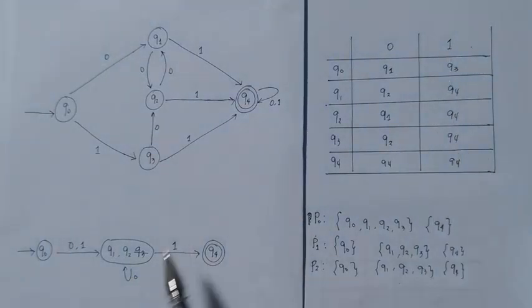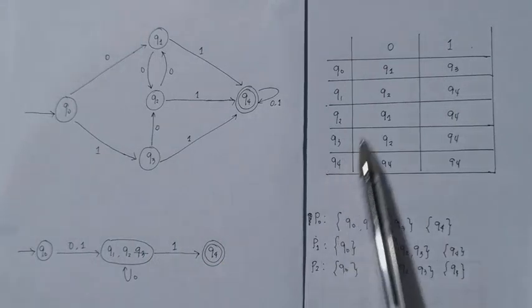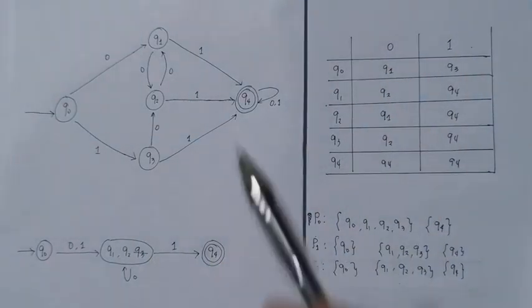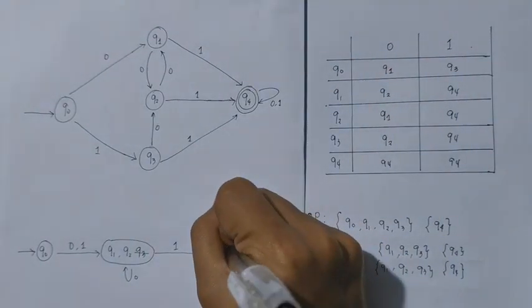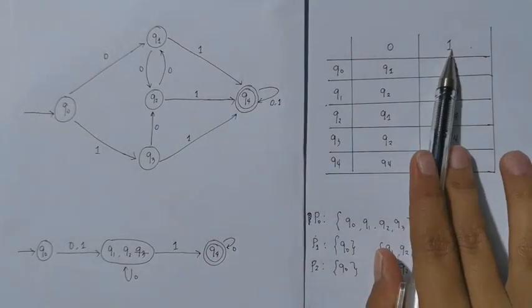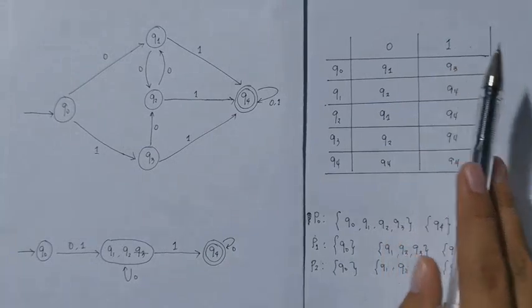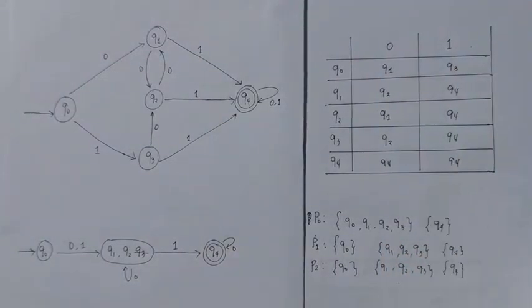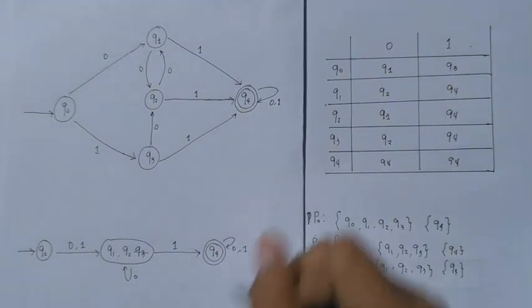If we input 1, it will still go to Q sub 4. Here in Q sub 4, if we input 0, it will go back to Q sub 4. Same goes if we input 1.